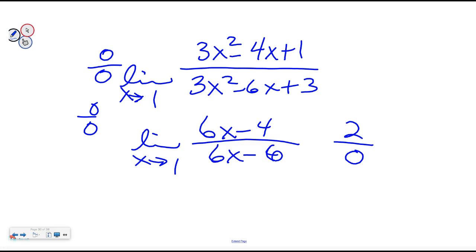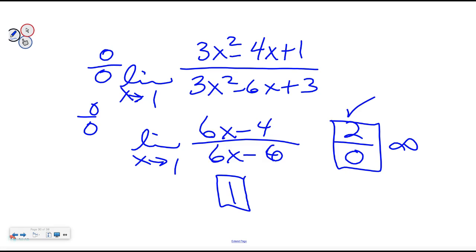Some of them did L'Hopital's again and said 6 over 6 is 1, where others stopped here and said the answer was infinity. So who's right, the 1 or the infinity? Because they're very different. Why? Exactly. The infinity, once I hit here, was no longer going to meet any more criteria because it's not one of the 2 indeterminate forms.